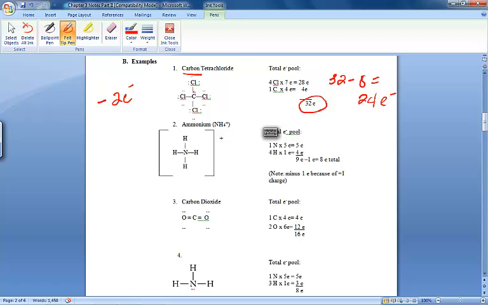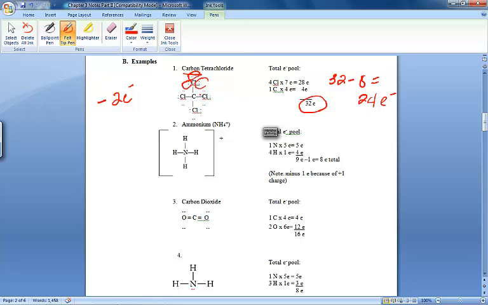Now we look at this chlorine with 1 bond. That's 2 electrons. It needs to have 8. If it already has 2 and needs 8, we need to provide it with 6 more electrons in the form of lone pairs. 6 electrons means 3 pairs. There's 1 pair, 2 pairs, and 3 pairs.